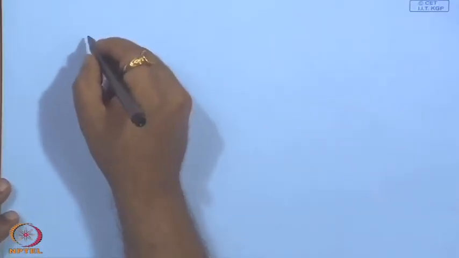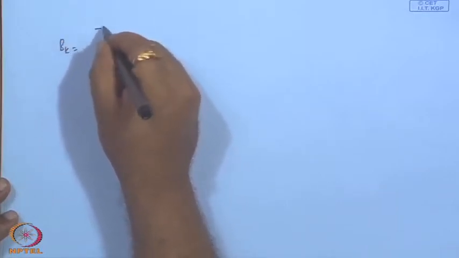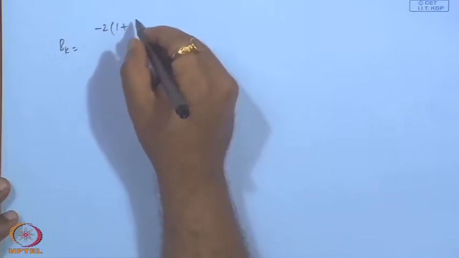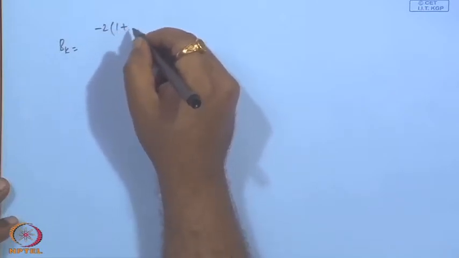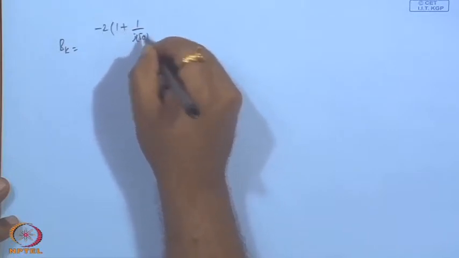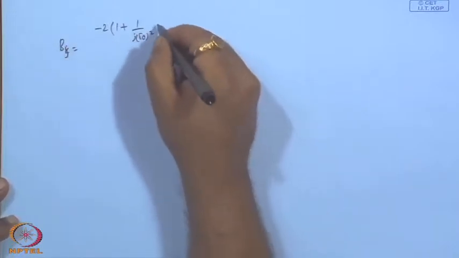So, they also have a suitable structure. One plus, so you can call B j.